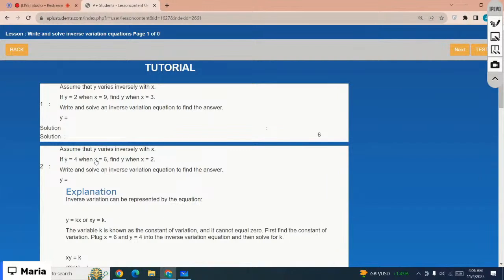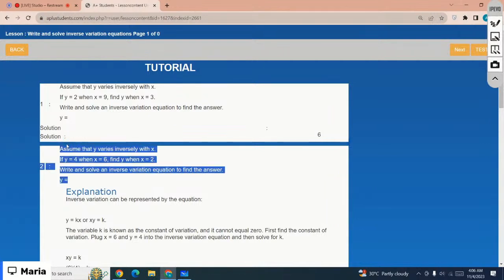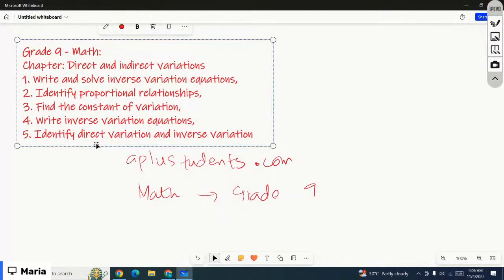You can find the constant of variation by y equals kx. You need to find the value of k. For example, this one: assume that y varies inversely with x. If y equals 4 when x equals 6, find y.